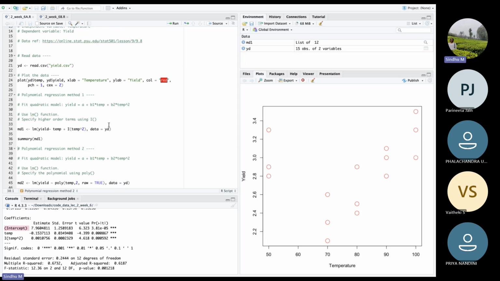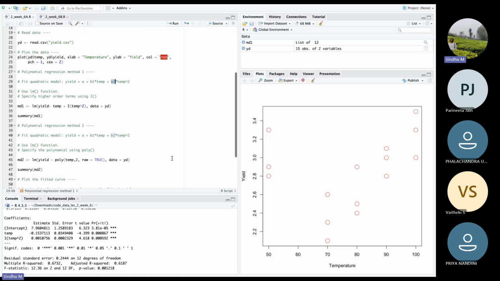So this intercept would be your A, and the coefficient of temperature would be B1, and this coefficient of temperature squared, that would be B2 in the equation. So this is one method of using the LM function, and you can specify the higher order terms using I.